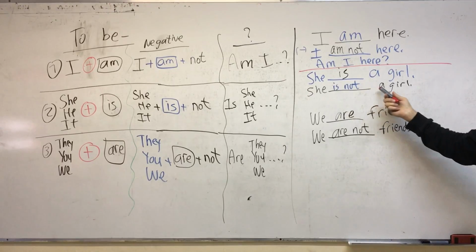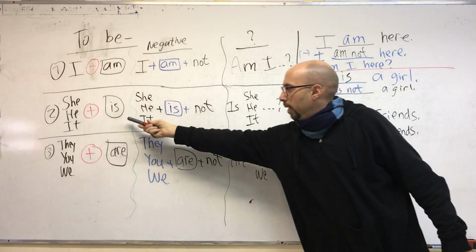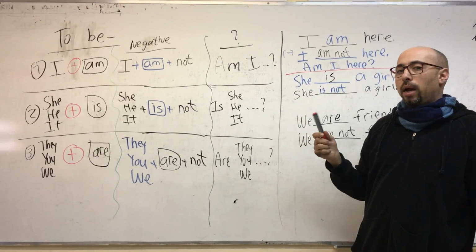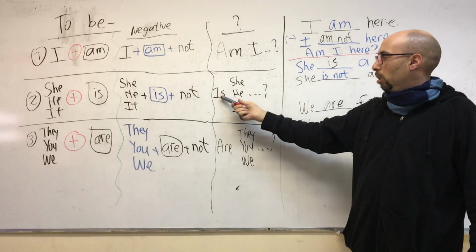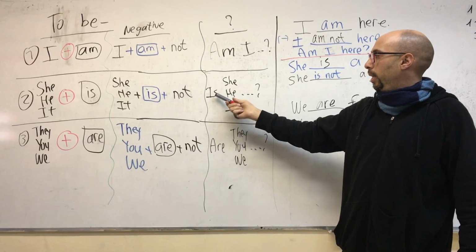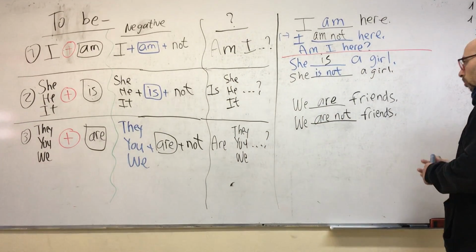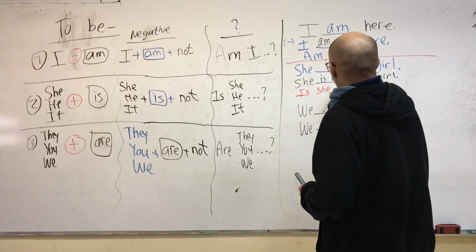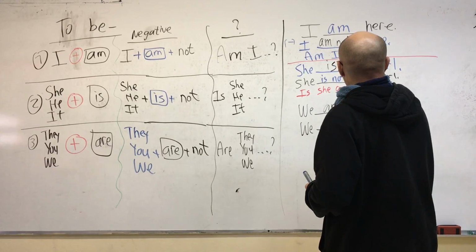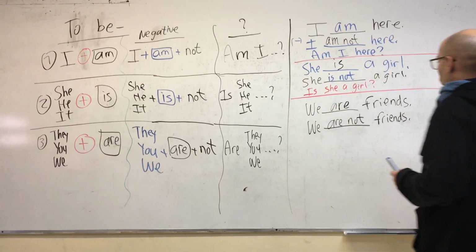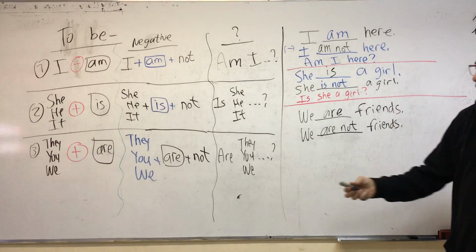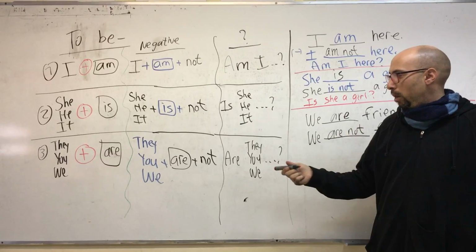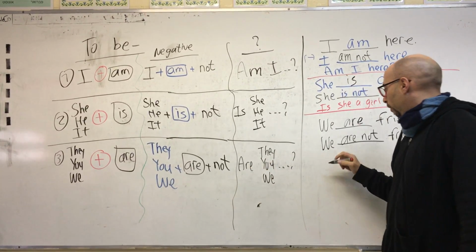She is not a girl. She is a girl. So I want to ask the question. The answer has to be yes or no. According to the table, is she a girl? We are friends. That's right. We have to flip it. Are we friends?